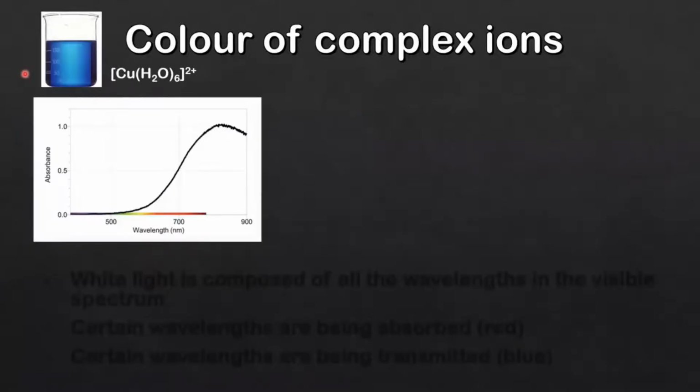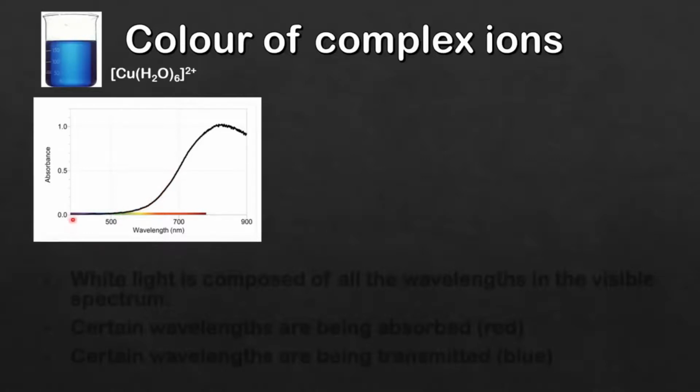When white light passes through a solution of copper(II) ions, some of the wavelengths of the visible light are absorbed and some wavelengths are transmitted. Here we can see an absorption spectrum for the blue copper sulfate solution, and as you can see, some wavelengths of visible light are transmitted and some are absorbed.